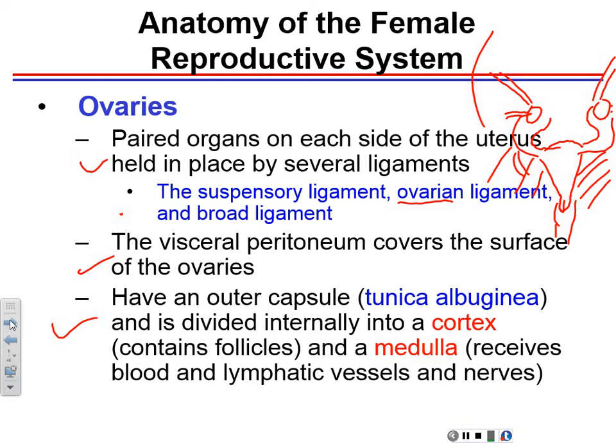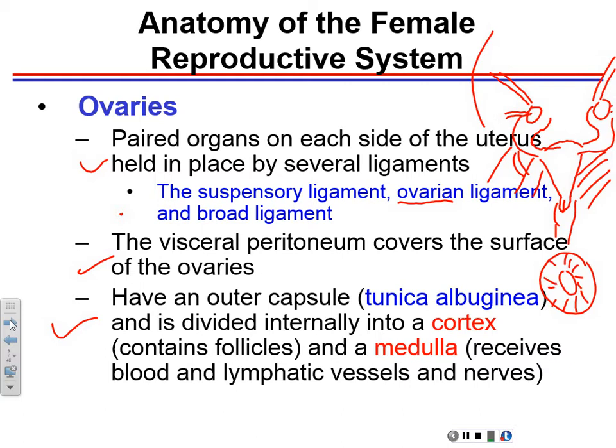We've seen the tunica albuginea again, which comes from the peritoneum and is divided. That covers the ovaries. So you've got the ovaries like that. You have the cortex on the outside, and that's where the cells are developing, the oogonia and so forth.